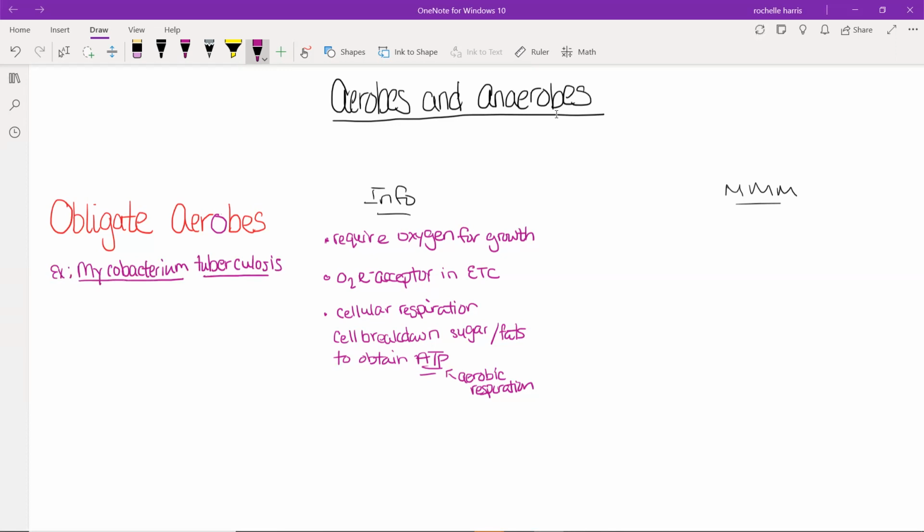Now this microbe has a waxy covering called mycolic acid. You can't do gram staining for this particular microbe to identify it. And the most common disease that it does cause is tuberculosis.